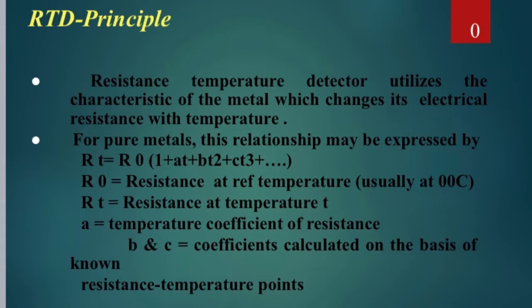RT equal to resistance at temperature T. A equal to temperature coefficient of resistance. B and C equal to coefficients calculated on the basis of known resistance temperature points.